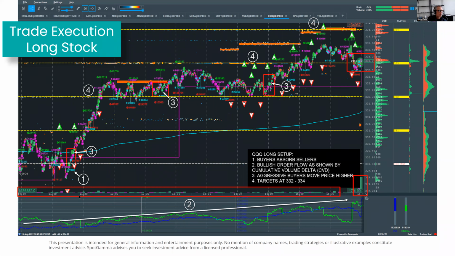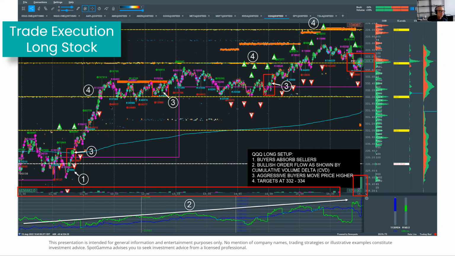So absorption is passive orders. Those are resting liquidity that is absorbing typically aggressive market buy and sell orders. So the passive orders are shown by this light blue number and pink. And then the sweeps or the aggressive orders are shown with red.